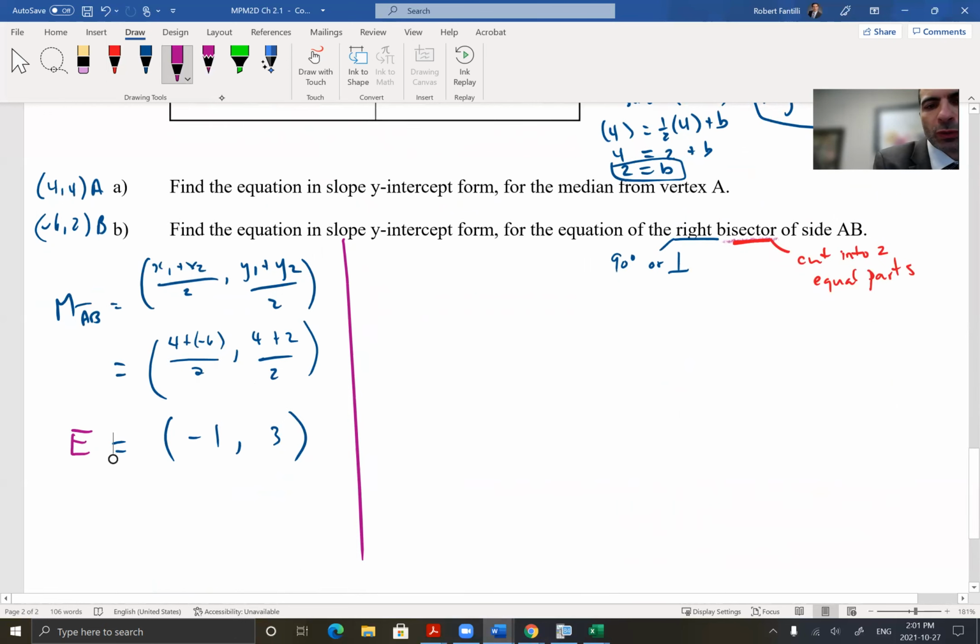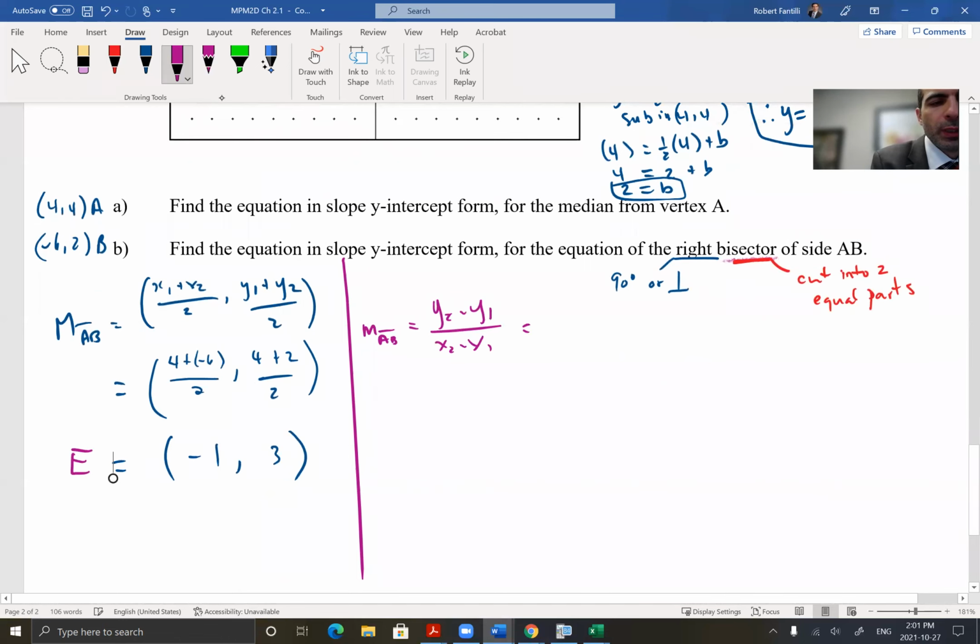So the slope of line AB is equal to y2 minus y1 over x2 minus x1. Remember, my coordinates are written right there, so I can still refer to them.